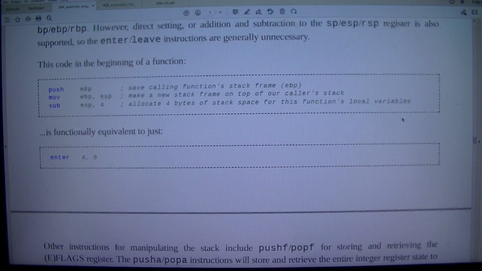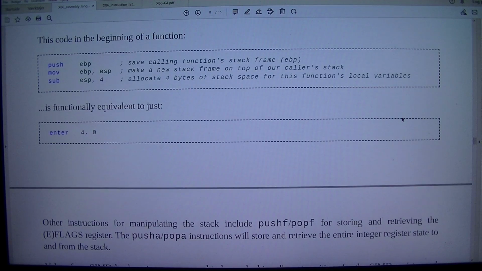This code in the beginning of a function: push ebp, save calling function's stack frame; mov ebp, esp, make a new stack frame on top of our caller's stack; sub esp, 4, allocate 4 bytes of stack space for this function's local variables. This is functionally equivalent to just enter 4, 0.